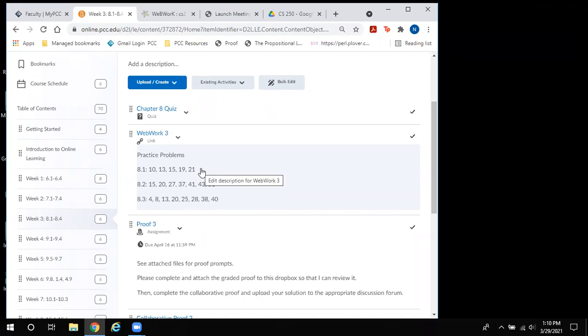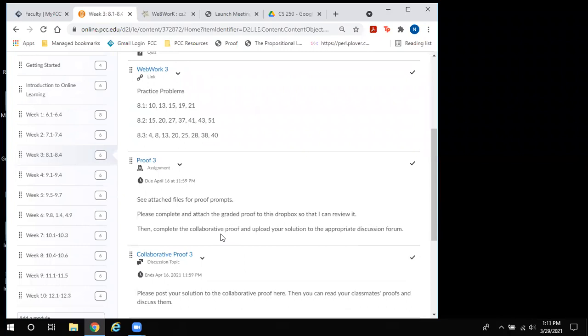Recommended practice problems that you could do. I would recommend if you have extra time to try to blow through as many of these as possible. They will help round out your understanding of the material. Now, again, they're not graded, so if you don't have time, don't do it, right? Focus on the things that are graded. But if you do have time, that would be a smart thing to do.